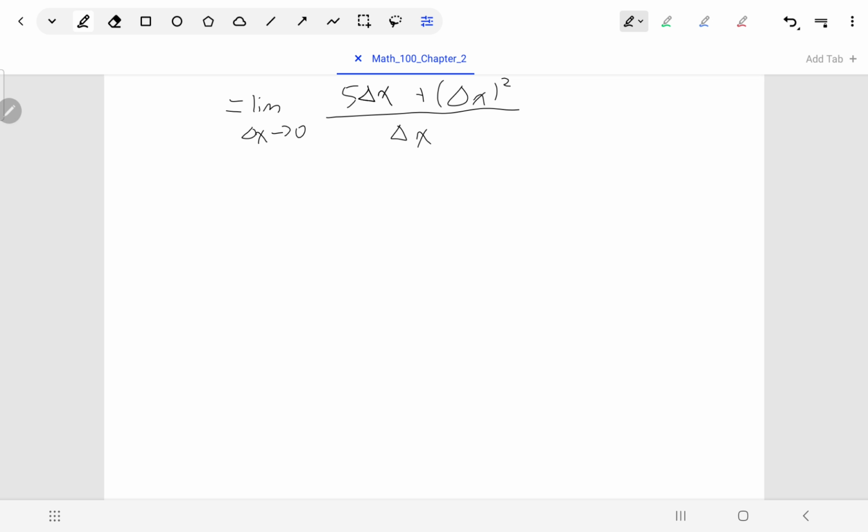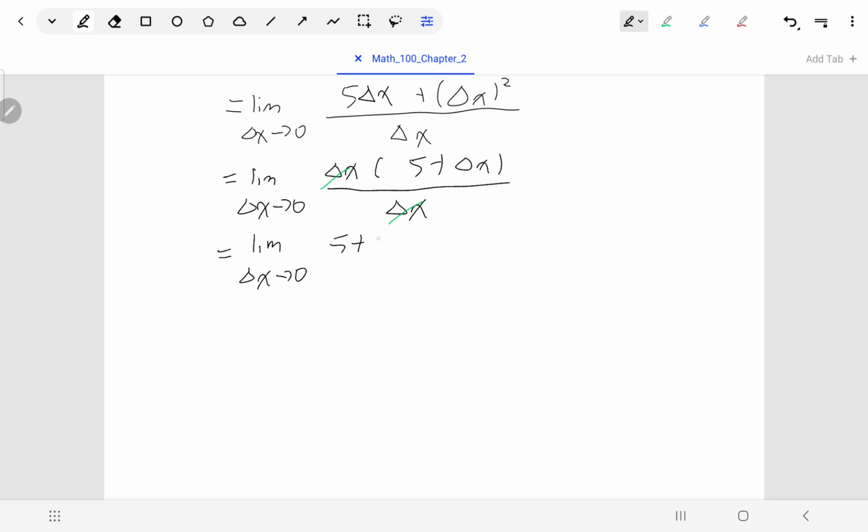That's an indeterminate form, so I can't just start substituting 0 in, but what I can say is I notice that delta x factors out of the numerator, leaving 5 plus delta x behind, and that I'm able to cancel a delta x from the numerator with 1 from the denominator. And now I have something that's no longer indeterminate. I look at the limit as delta x approaches 0 of 5 plus delta x, and for sure I can let delta x go to 0 now, and I'll be left with 5 plus 0, which is just 5.